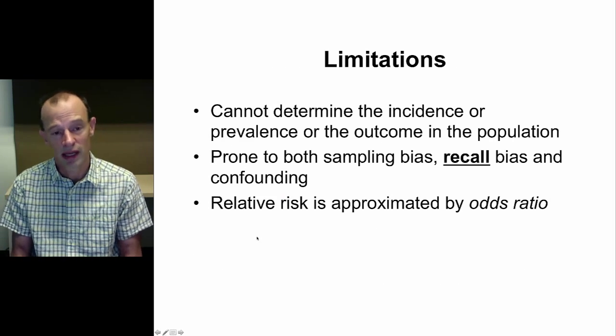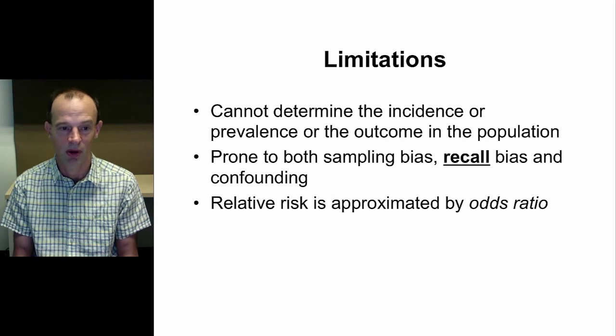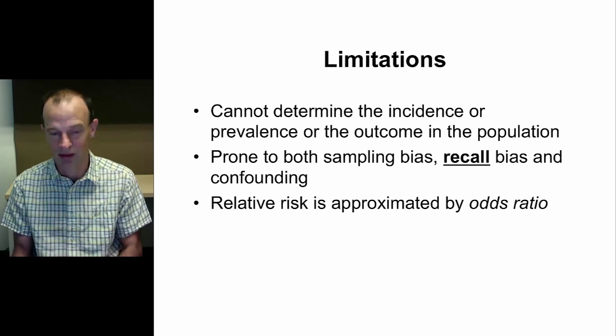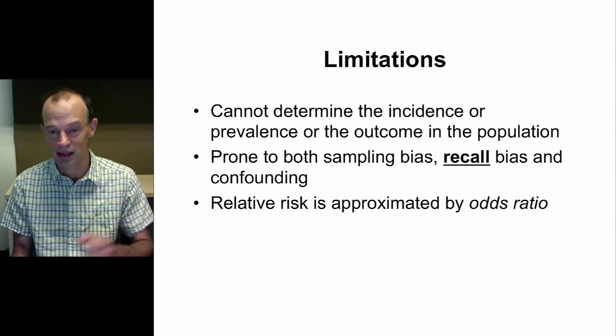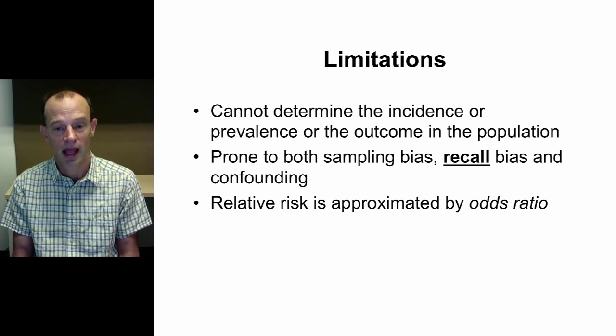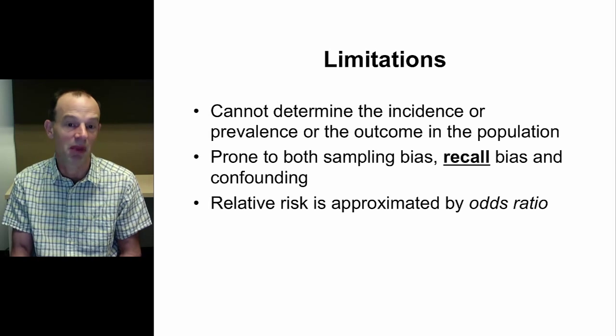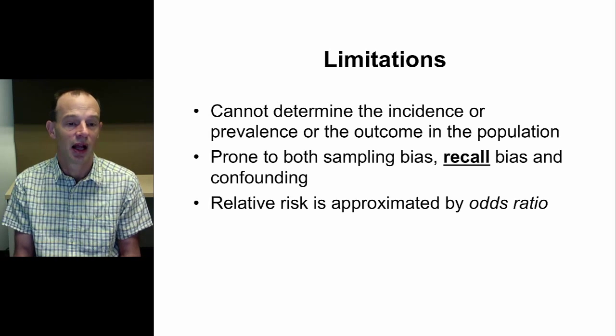Okay, so for case control studies, you can't determine the incidence or prevalence of the outcome in the population, because you're actually determining the prevalence of the outcome by the number of cases and controls that you select. And it's prone to both sampling bias, especially what's called recall bias, and confounding. So recall bias is where if somebody has a disease in the present, they're probably more likely to think about things that they had in the past that may have caused their disease.